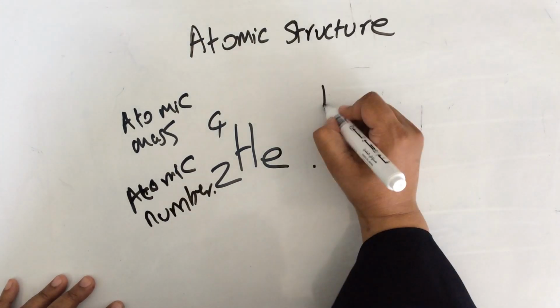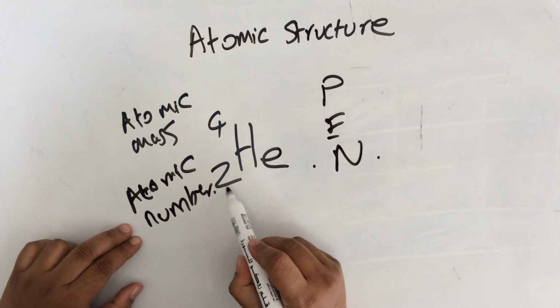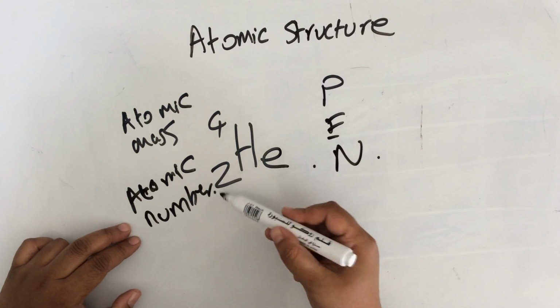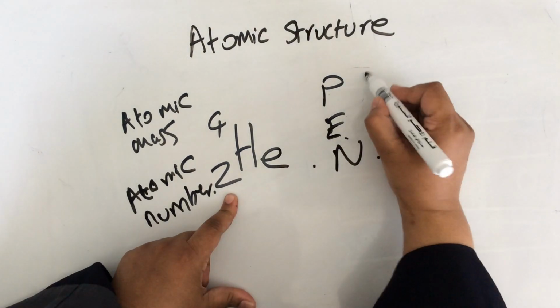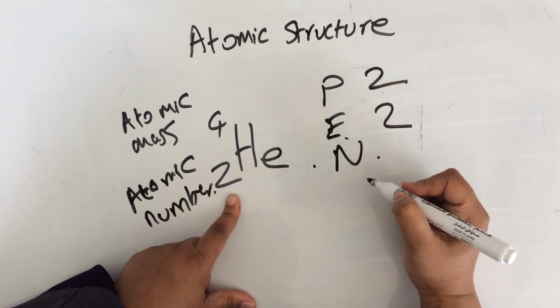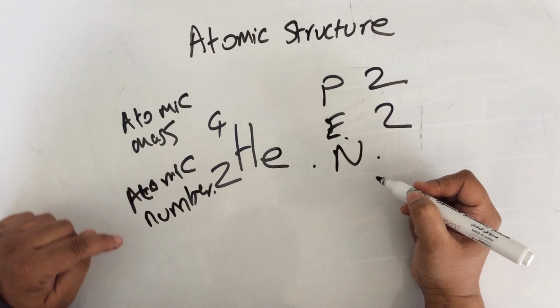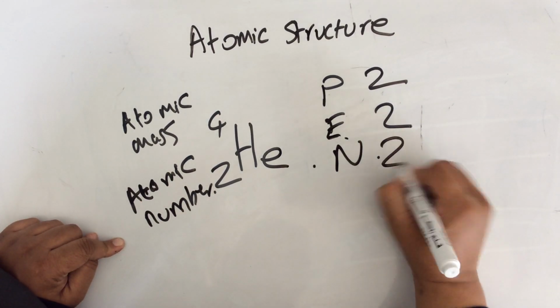So let's do the PEN. We said the atomic number is equal to the proton number, which is also equal to the number of electrons. So if the proton number is 2, therefore the electron number is going to be 2. To work out the neutron number, we do the atomic mass minus the atomic number, which is 4 minus 2. In this example, it's 2.